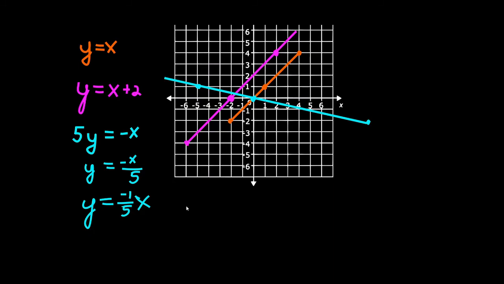And then let's look at the diagram and make sure this makes sense. I go down 1 y for every 5 I move to the right along the x-axis. Is that true? Yes, it is. Down 1 over 5. And so the slope of this equation, and the slope of this line, is negative 1 over 5.